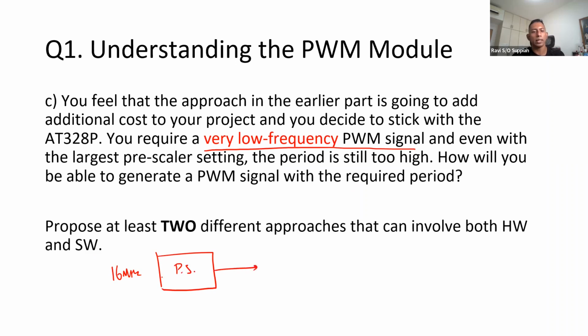The prescaler is to divide. The bigger the prescaler, the lower the frequency. But now we are saying that even with the largest prescaler setting, it is still too high. I want it to be lower. The frequency is still not low enough for what I want. So what is the solution?